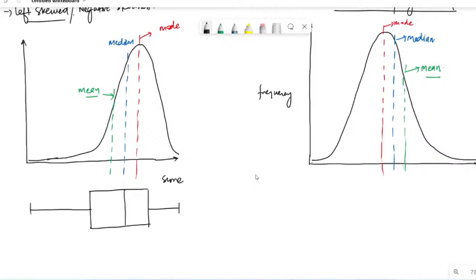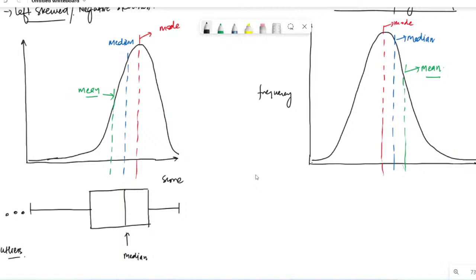The center line is your median line. As I said, there is a great chance that in this case we will have outliers. These are all your outliers.